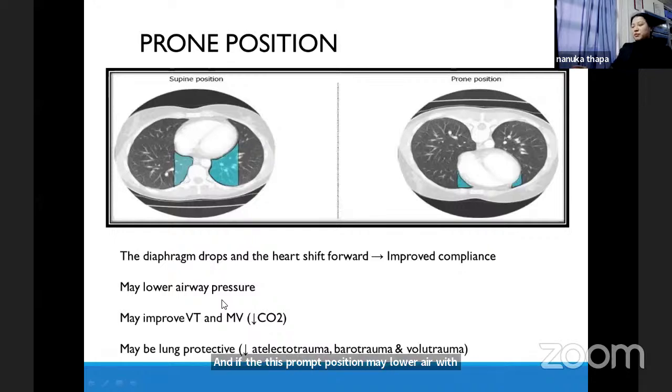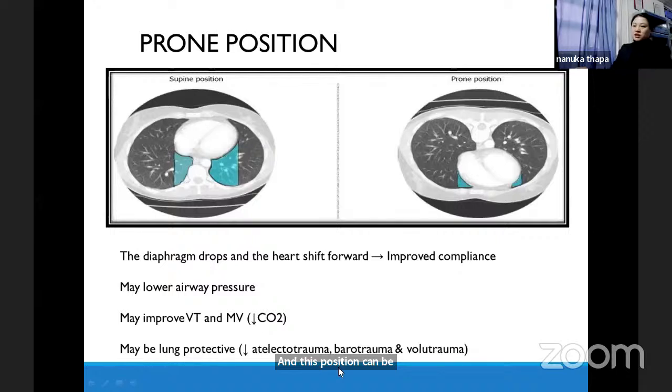Relatively, in prone positioning, the oropharynx and the larynx fall anteriorly, and then the pressure can be relieved. And it also helps in the clearing of secretions. And this position can be lung protective.